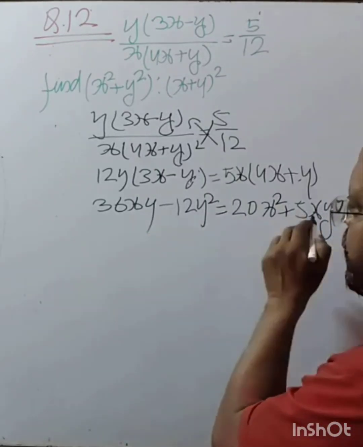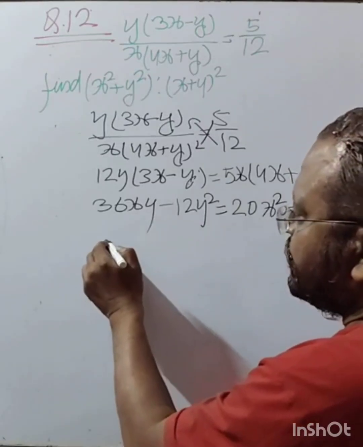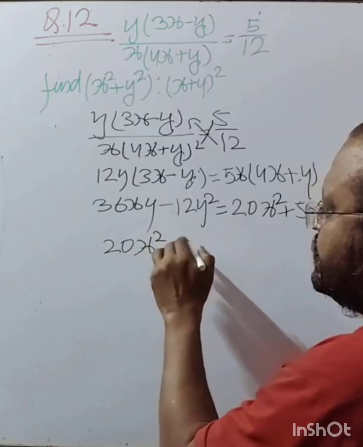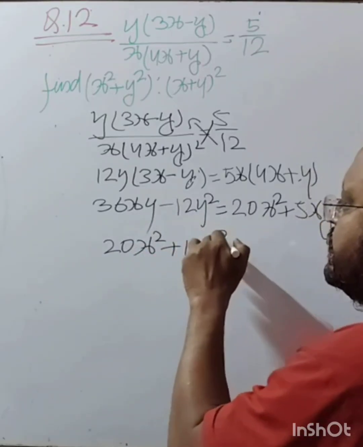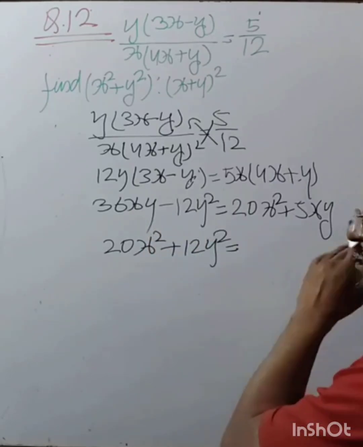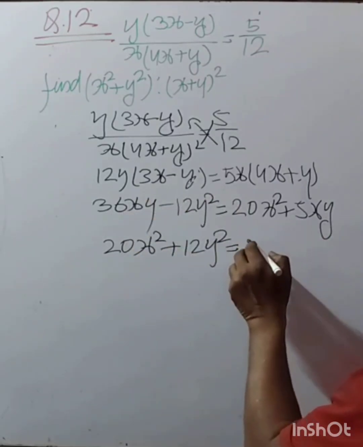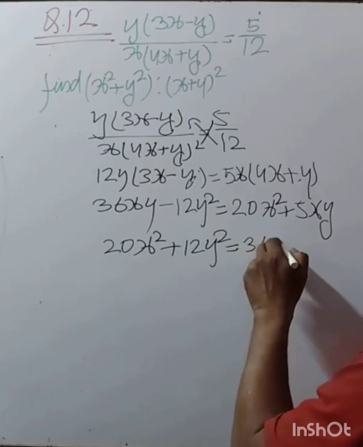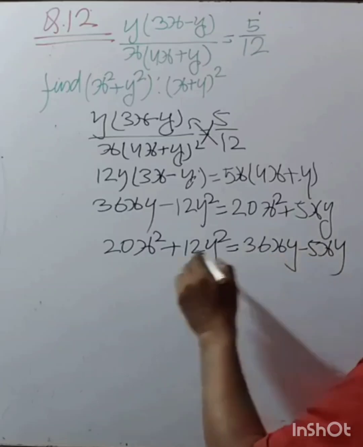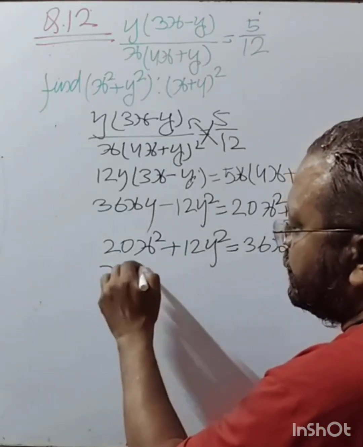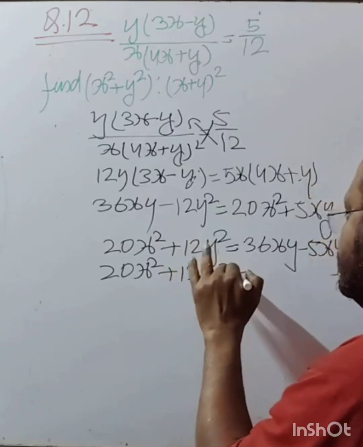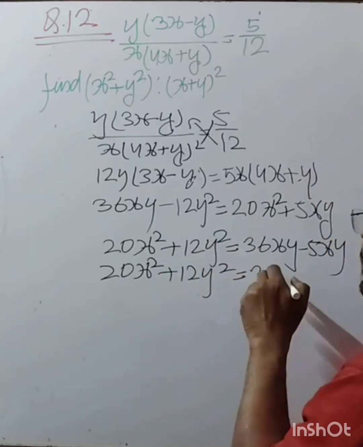Now what you do, you bring all this on other side. So you write here 20x square plus 12y square is equal to, it will go on the other side. So 36xy minus 5xy. So you get 20x square plus 12y square is equal to 31xy.